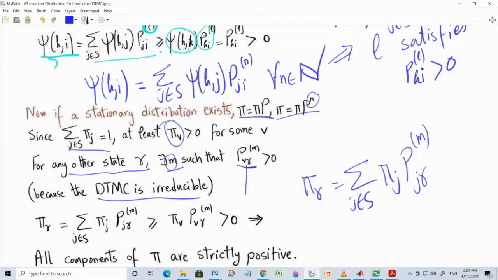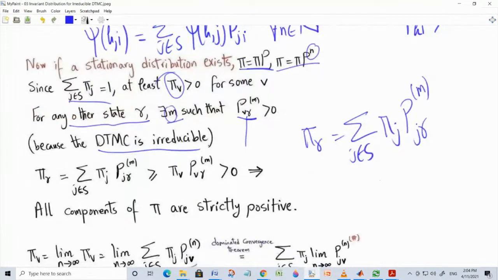Now, we have been doing this a number of times in this lecture and the previous one: a summation of non-negative terms must be lower bounded by one of them, and let's choose that to be when j is equal to v. v is chosen because v is assumed to be strictly positive. The existence of v is guaranteed. Again, you have a non-negative vector, the sum is equal to 1.